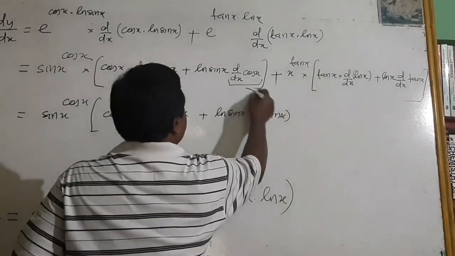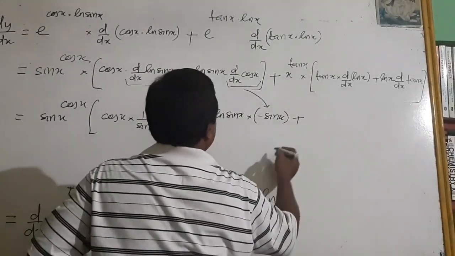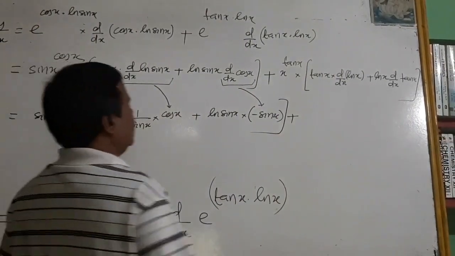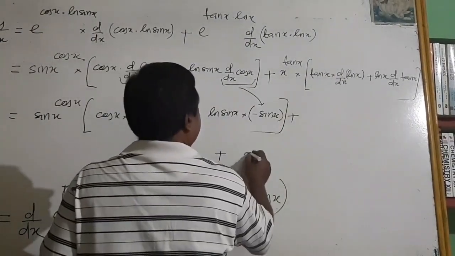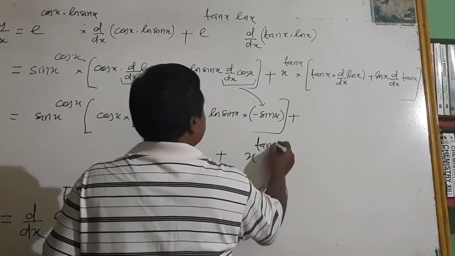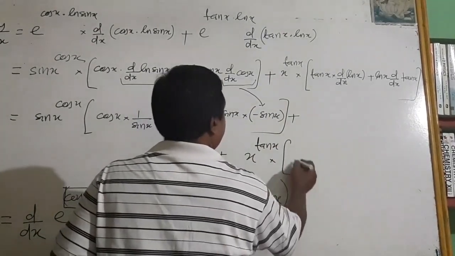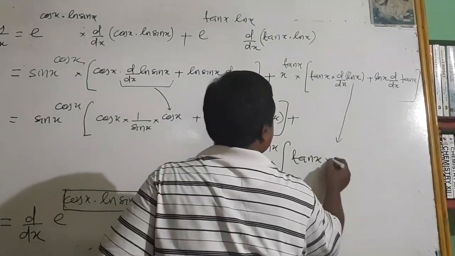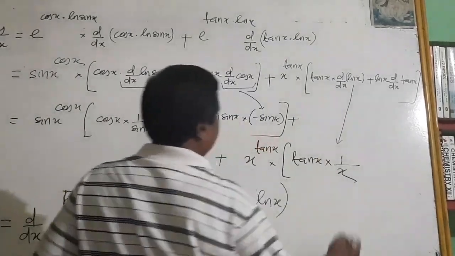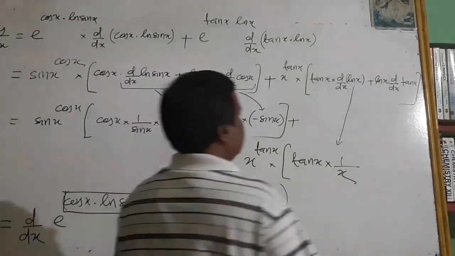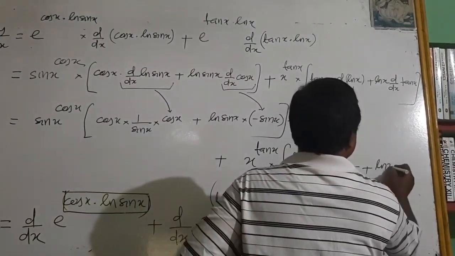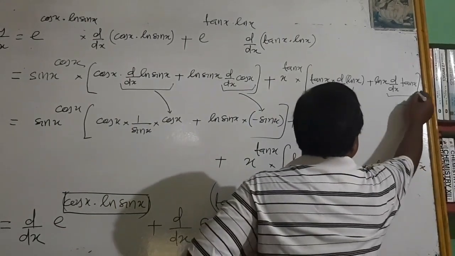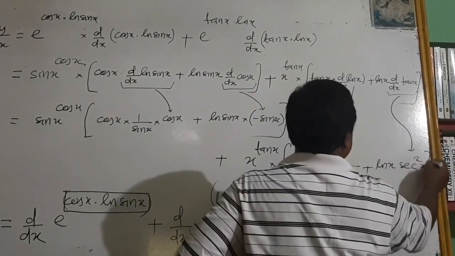I am writing it here, plus x to the power tan x into tan x. What is d/dx of ln x? d/dx of ln x is 1 by x, plus ln x, and d/dx of tan x is sec square x.